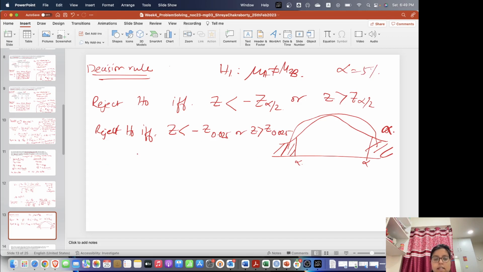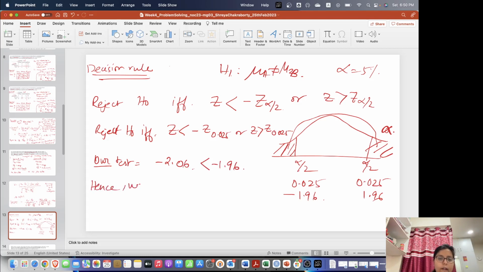Then alpha by 2, which is 0.025, corresponds to plus minus 1.96. Our test statistic value is minus 2.06, which is less than minus 1.96.